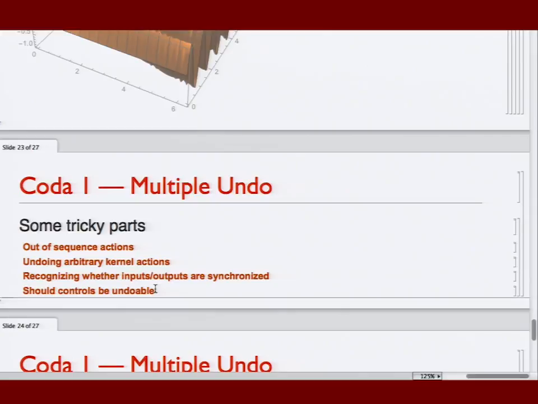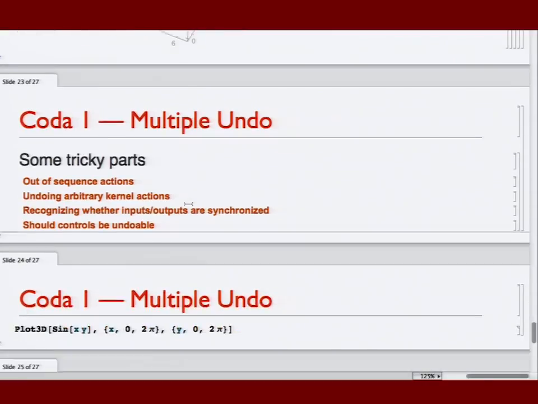So most of the time the answer to should controls be undoable is no. If I have a checkbox and I check it, undo doesn't undo the checkbox. If I have a slider and I move it, undo doesn't move the slider unless you ask it to. It's part of the language, documented in the dynamic module documentation.